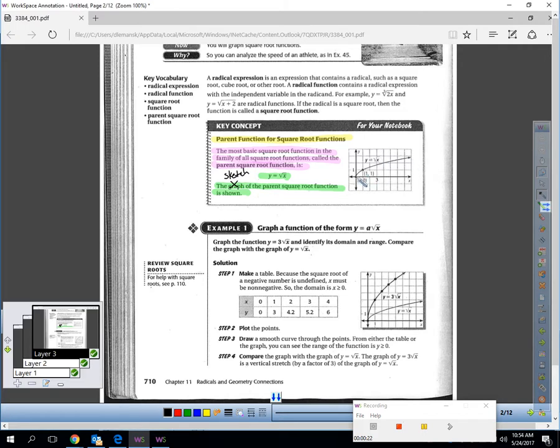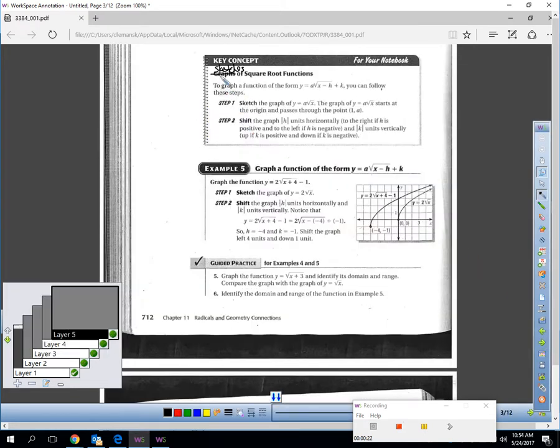It's a half parabola that starts at 0, 0, and it opens sideways upward. Before we get into sketching, there's more that we need to look at, which I'm going to show you right now. But again, this is the parent function, the most basic square root function you can have.